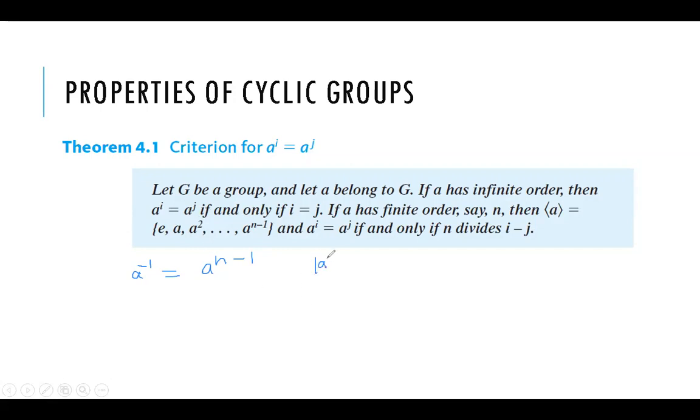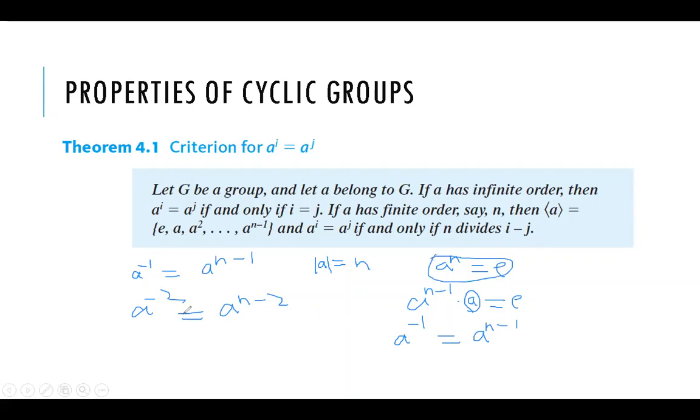Because the order of a is equal to n, so a^n is equal to e. We can write this as a^(n-1) multiplied by a equals e, which means the inverse of a is the same as a^(n-1). Similarly, a^(-2) is equal to a^(n-2), which is again evident from the same definition of the order of the element.